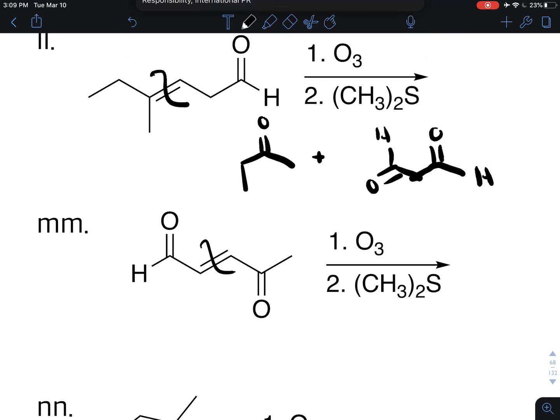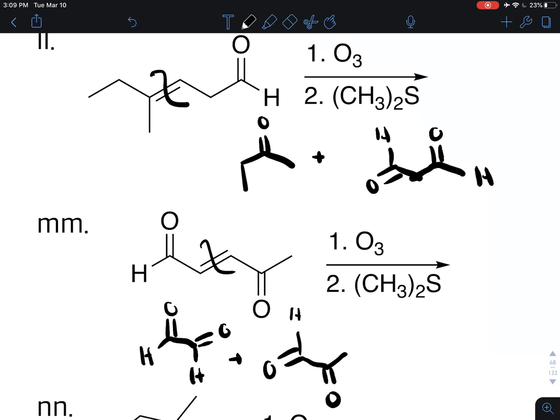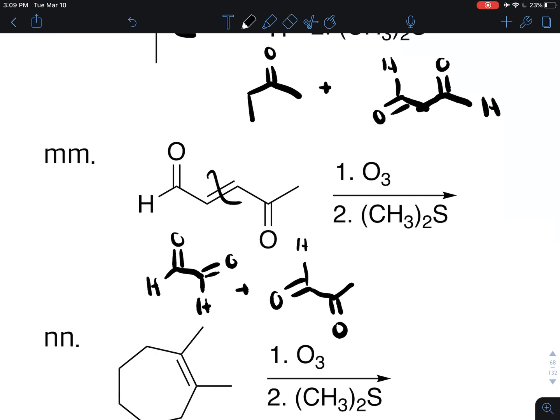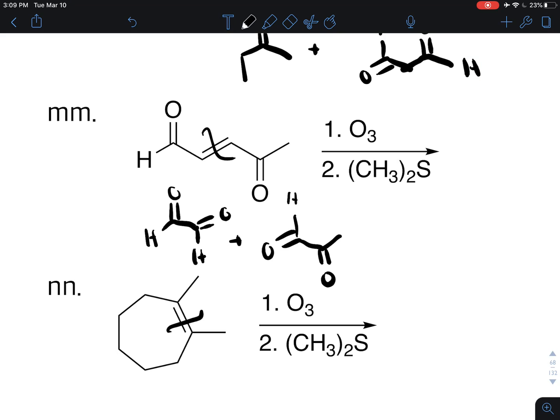Again, if we're going to cut here, your two structures are going to be plus. And you don't have to draw these hydrogens in. Here we go. Okay, those are those structures. Okay, so again, with a ring, we know it's going to open up every time.